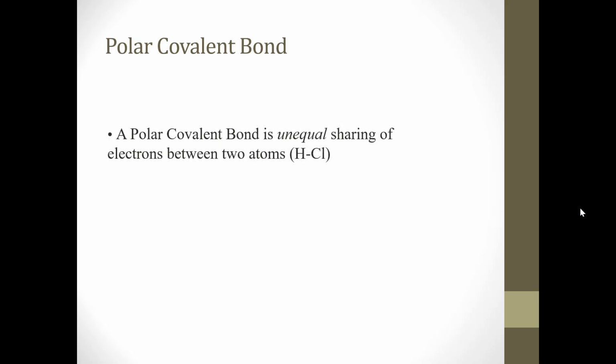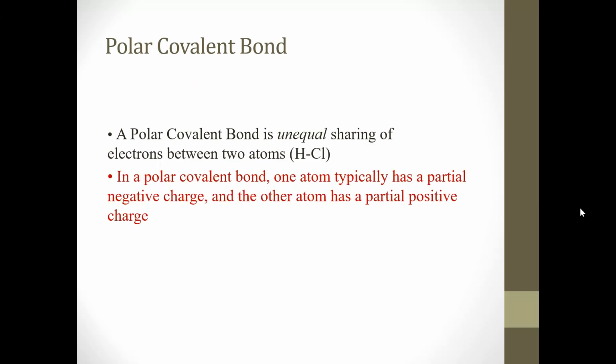So since polar covalent bonds are unequal sharing of electrons between atoms, if we look at hydrogen chloride, HCl, they have a very uneven sharing of the electrons. Chlorine would hang on to the electrons more than hydrogen would. One atom has a partial negative charge and the other has a partial positive charge. So in this case, we look at the configuration of these two. The one on the left is your hydrogen, and even though the one on the right says bromine, we're going to pretend like it's chlorine, like in our example. The electrons would spend a whole lot more time around the bromine because bromine is more electronegative than hydrogen.